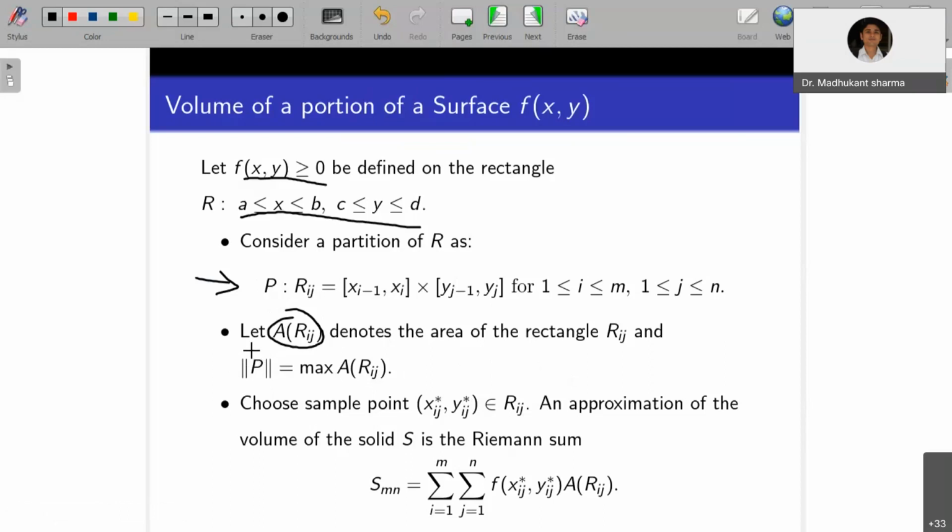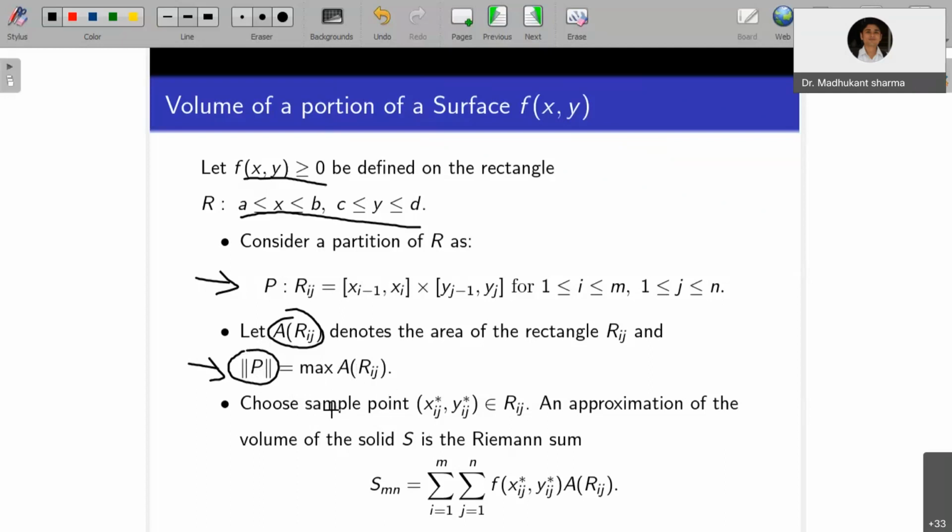You will be familiar with this notation after the norm, when you talk about the higher extension of a single variable, where a non-negative value is assigned with the norm. Let's not discuss the norm here. Let's say this is a notation which will give you the maximum area.